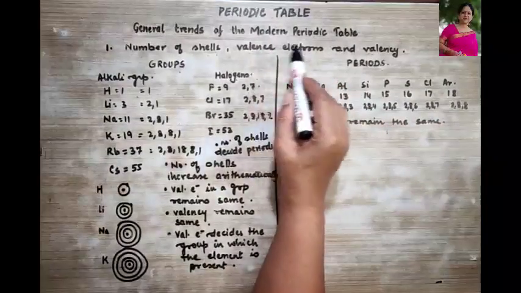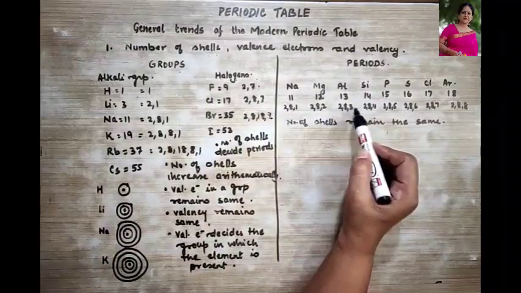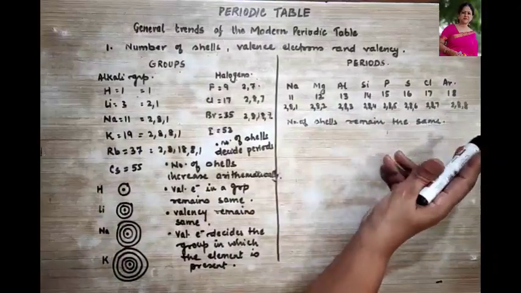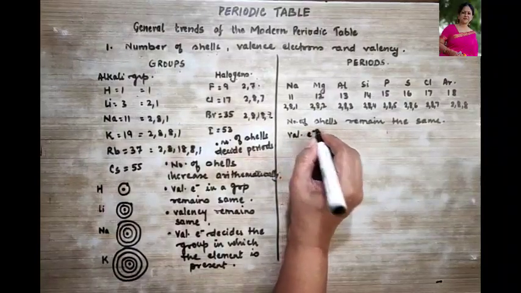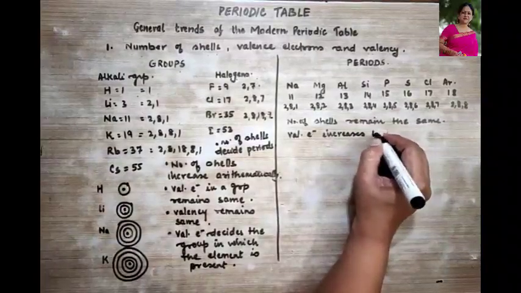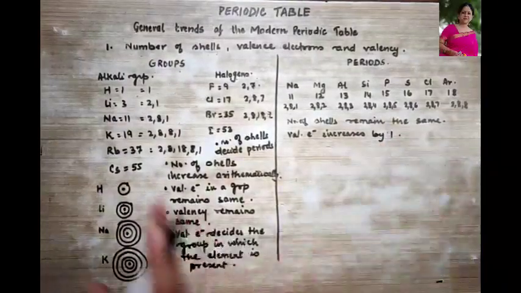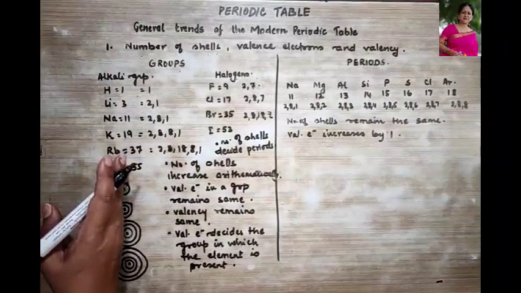Now let's talk about valence electron. Look at the valence electron. 1, 2, 3, 4, 5, 6, 7, 8. So what did you see? That valence electron increases by 1. Over here, valence electron was same, but number of shells were increasing.